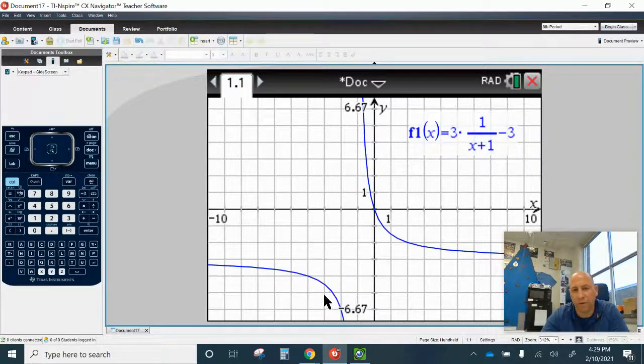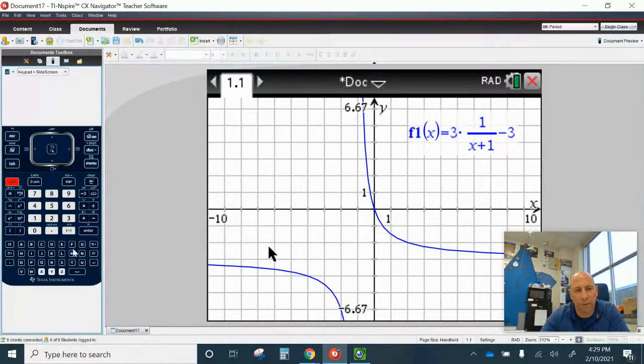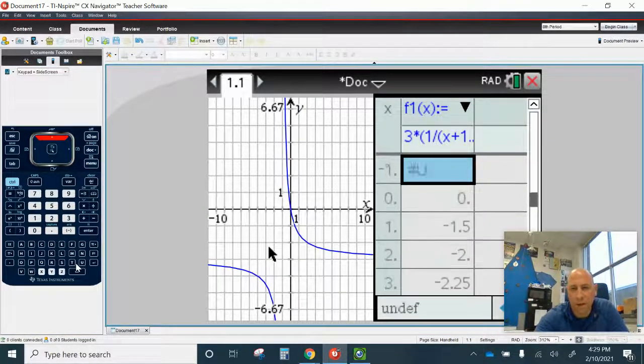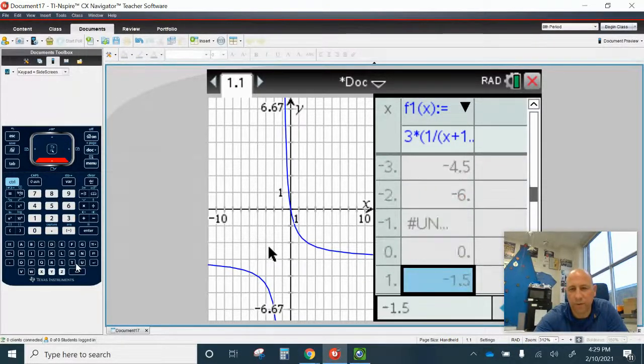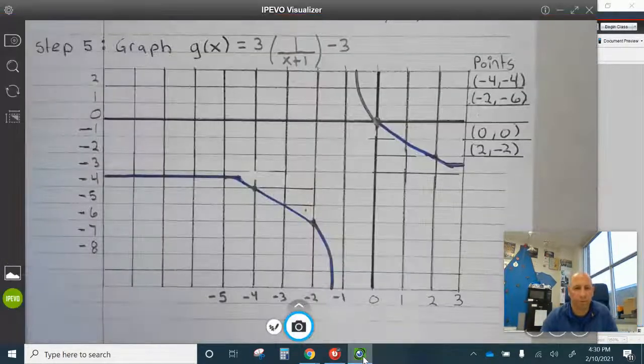So we're going to have to use this point and this point and this point and this point. So this point right here is -4, -4, and this point is -2, -6. And this point is 0, 0, and this point is 2, -2. Okay, and we can verify that by pressing Control T, and we have -4, -4, -2, -6, 0, 0, and 2, -2. Okay, so we have our points.